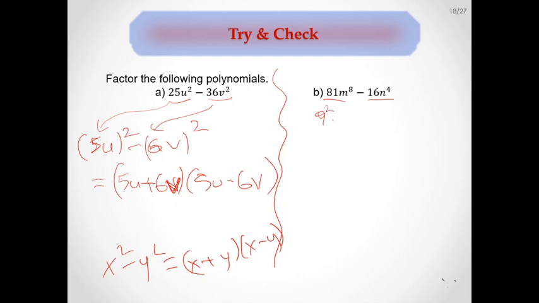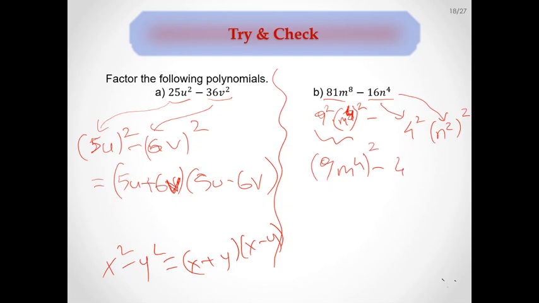9 squared, this is m to the 8, so m to the 8 you can write as m to the 4th squared. And here in the same way, this is 4 squared, and we can see this n to the 4th as the square of n squared. So this becomes 9m to the 4th squared and 4n squared squared.